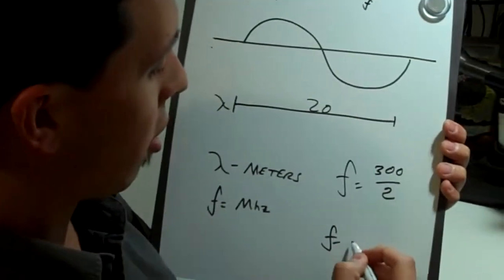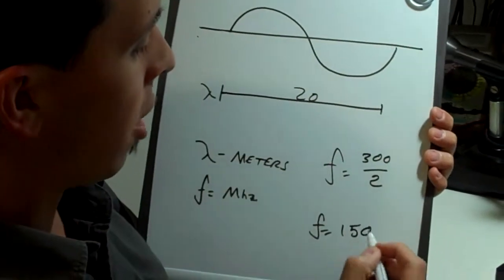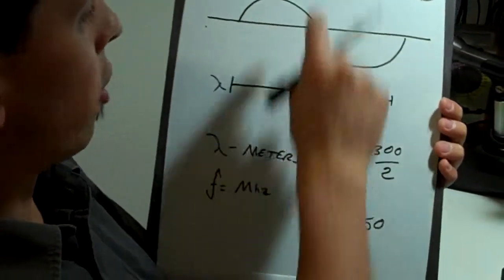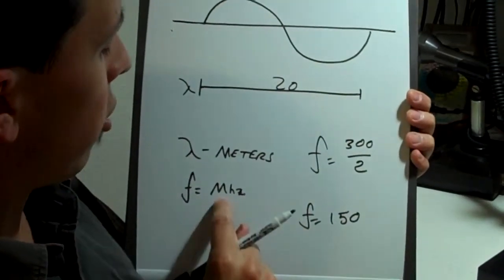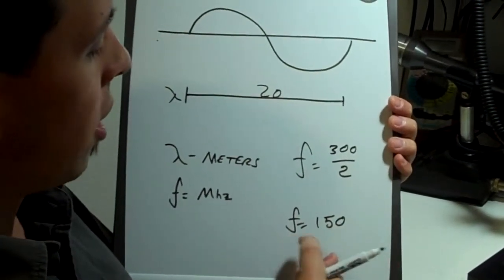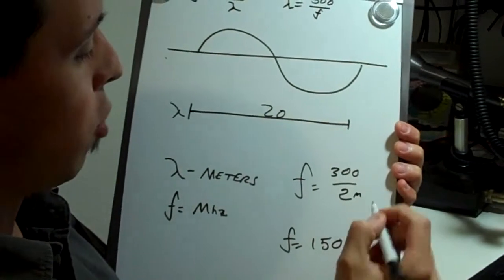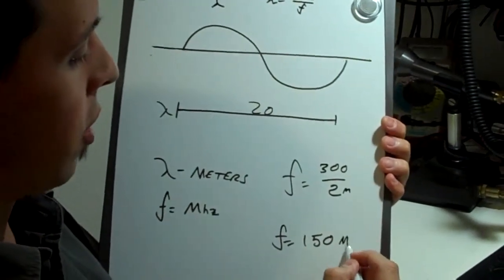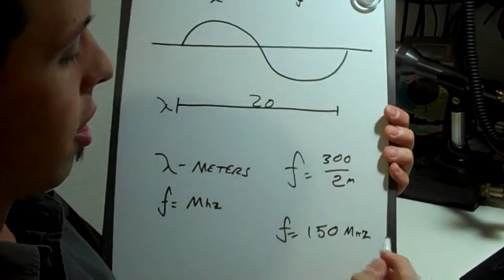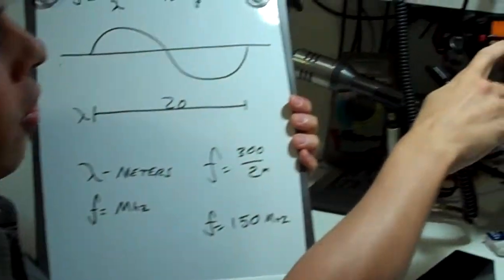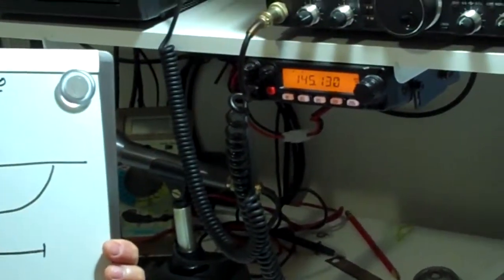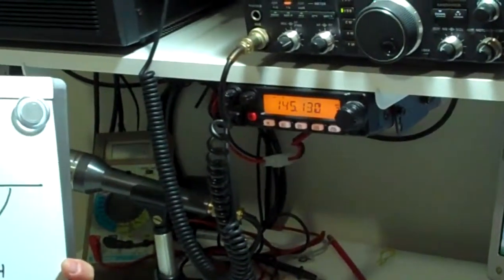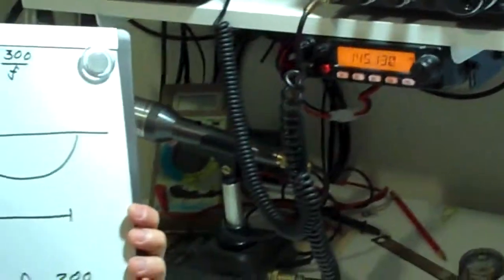So the frequency is going to be 150 what? Well, we know that these equations have to be in meters and megahertz. And since we're talking about frequency, it's going to be megahertz. So we have 150 megahertz. Well, looky here, 145 megahertz. This radio is sitting on the 2 meter band right now.